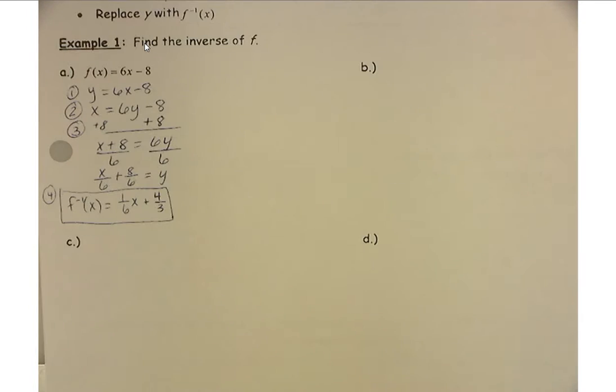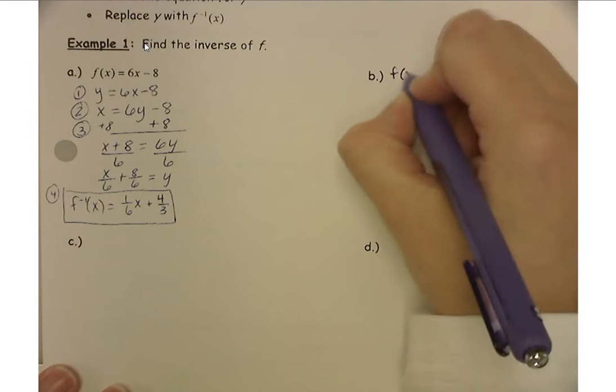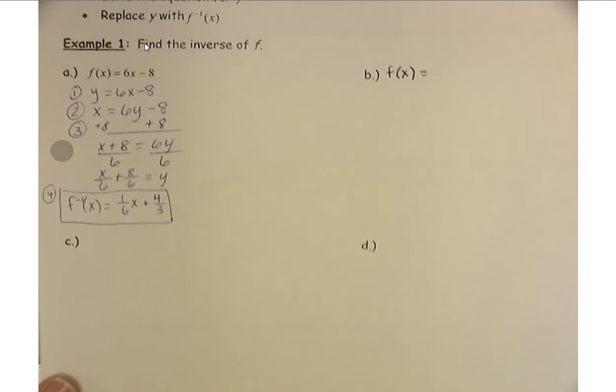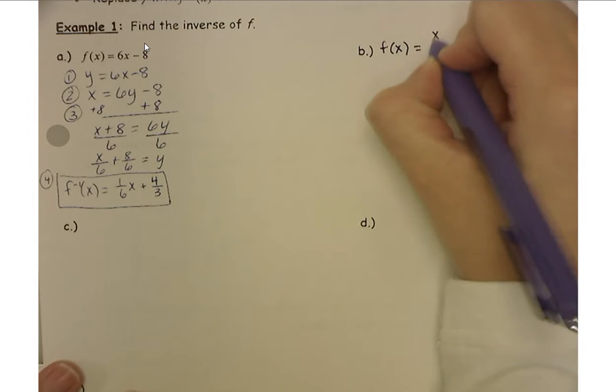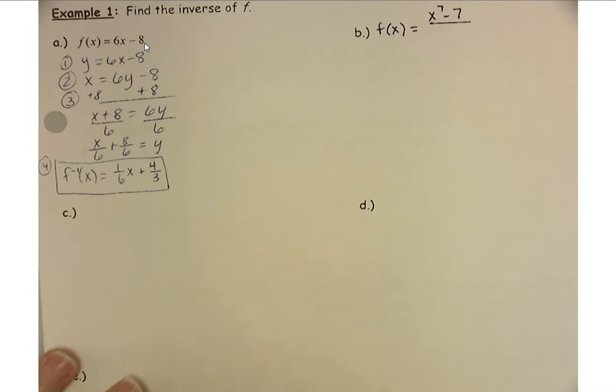This is something that you've already done before. We are going to expand. So f of x is going to be equal to x to the 7th minus 7 divided by 6.